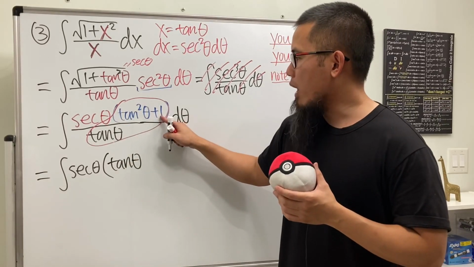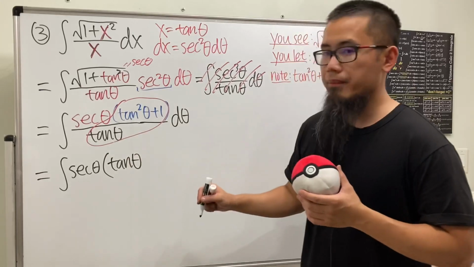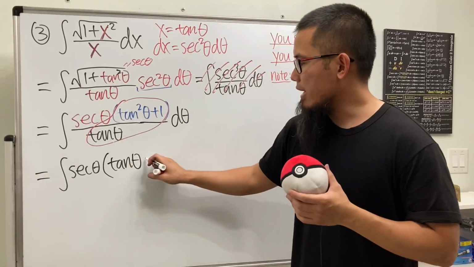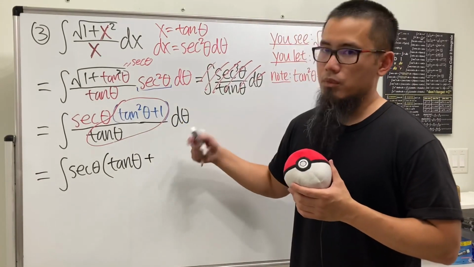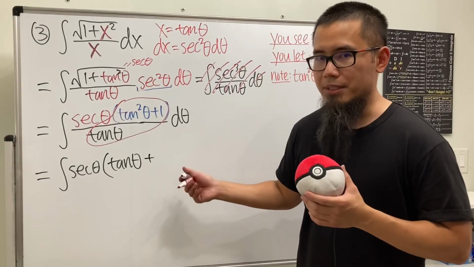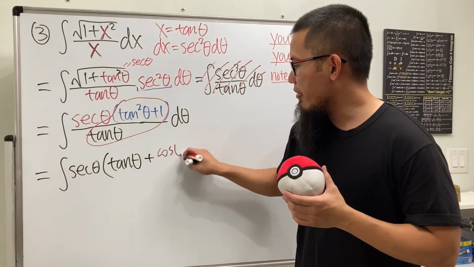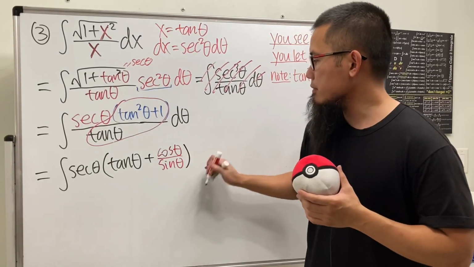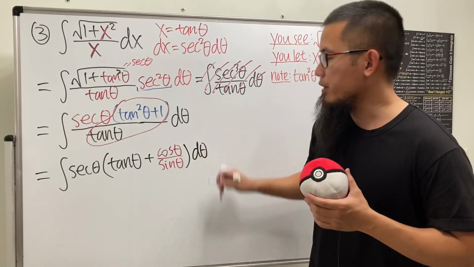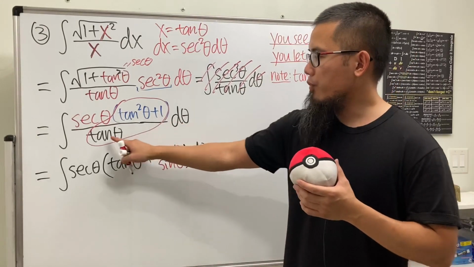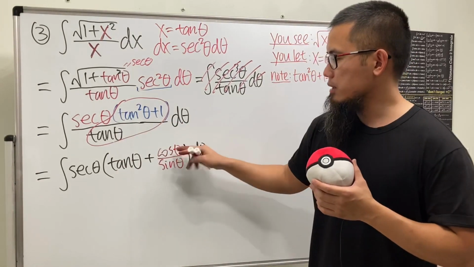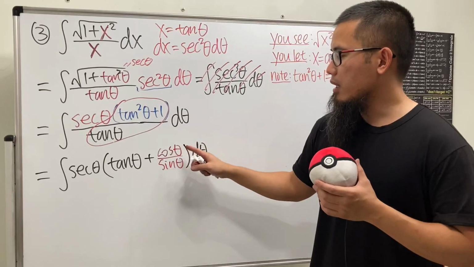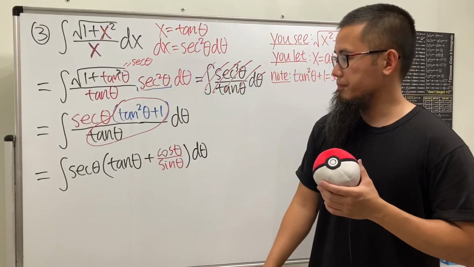Next, we have 1 over tangent theta. 1 over tangent theta is the same as saying cotangent, which is just the same as saying cosine theta over sine theta. And then, of course, put on the d theta right here. So again, 1 over tangent theta is just cotangent, which is cosine over sine, and that's what we have.